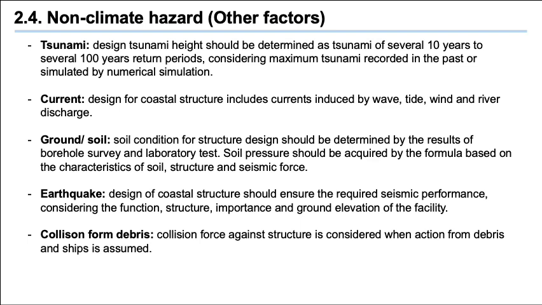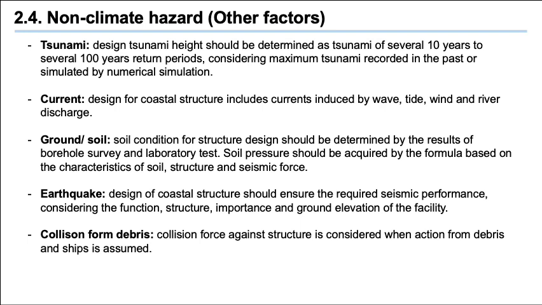Third one is ground and soil. Soil condition for structure design should be determined by the results of borehole survey and laboratory tests. Soil pressure should be acquired by the formula based on the characteristic of soil, structure, and seismic force. The fourth one is earthquake.